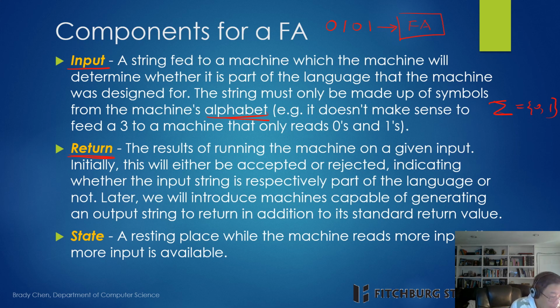So the result of running the machine on a given input is called a return. It will either be accepted or rejected. If the finite automata eventually lands in an accepting state, then the input is accepted. If it reaches the rejecting state, then it's rejected. That's a return.